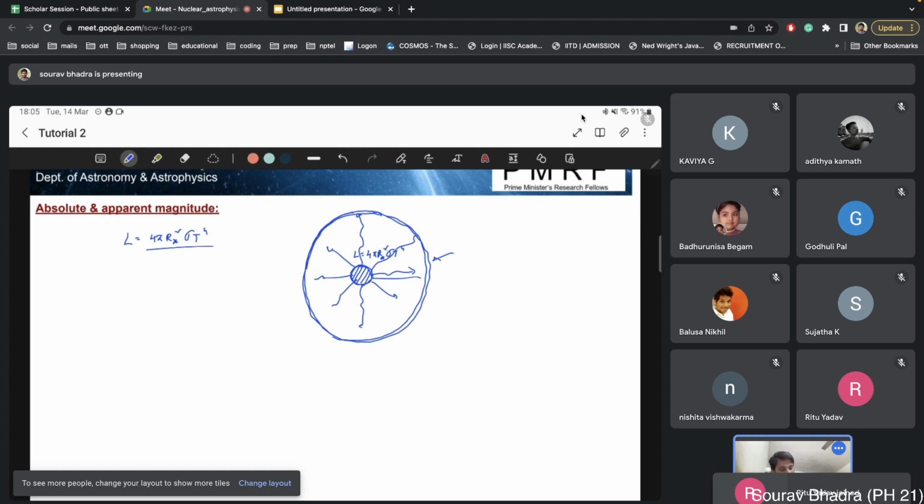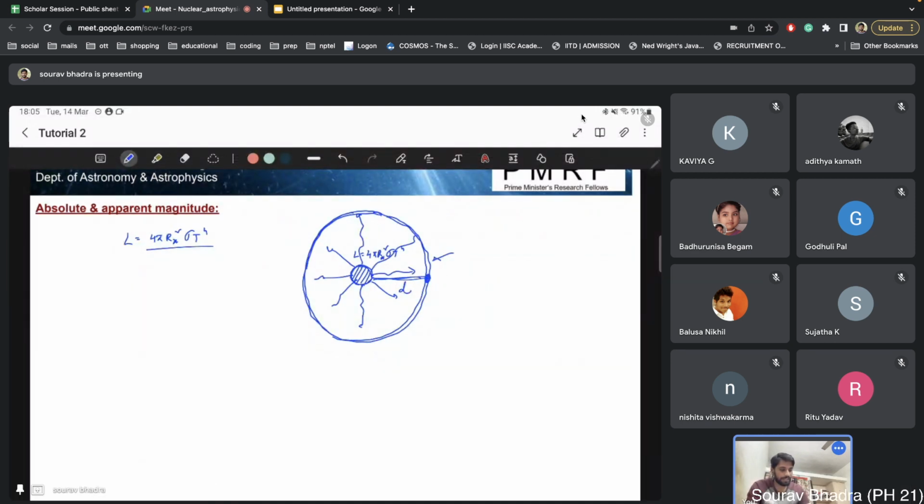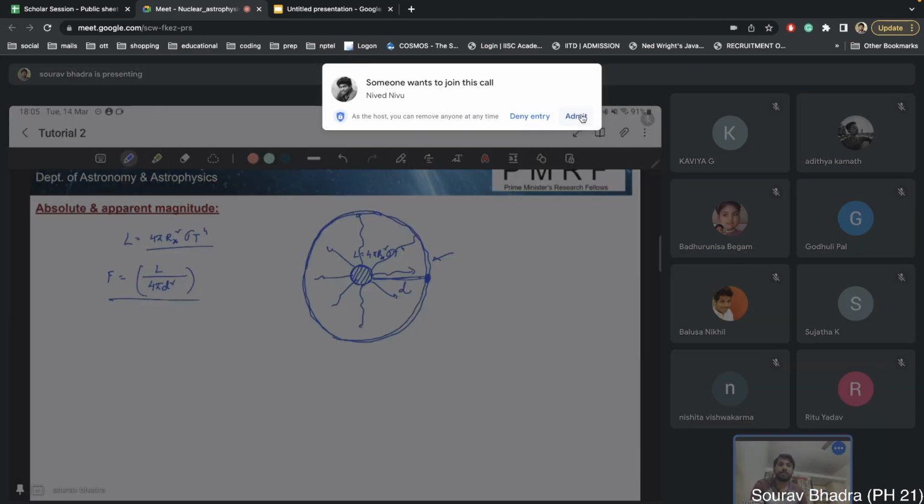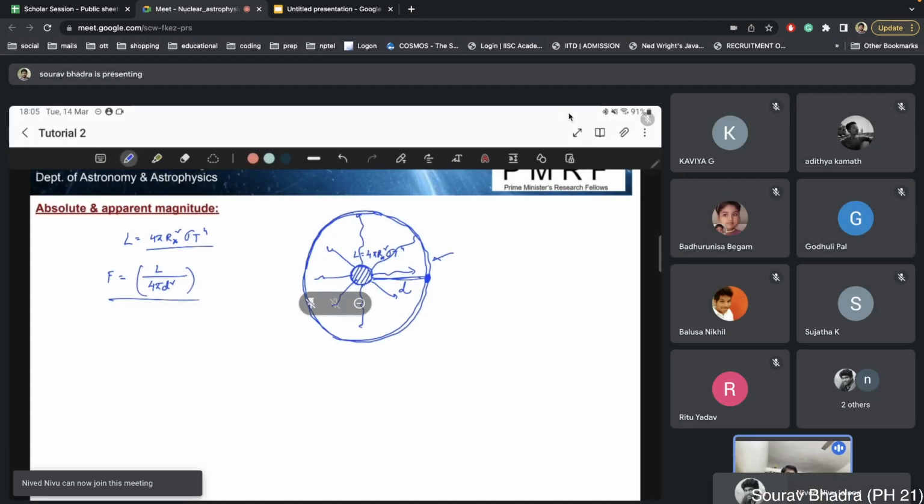If the distance is capital D, then the flux measured on a unit surface at distance D will be the L coming out from the center divided by the total surface area of the sphere, which is 4 pi d square, right.